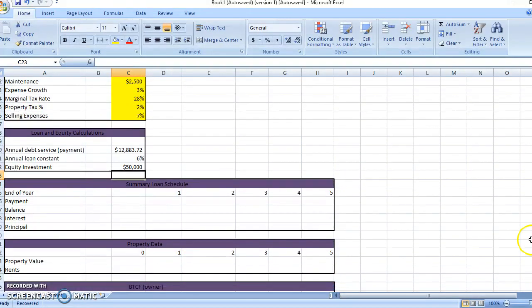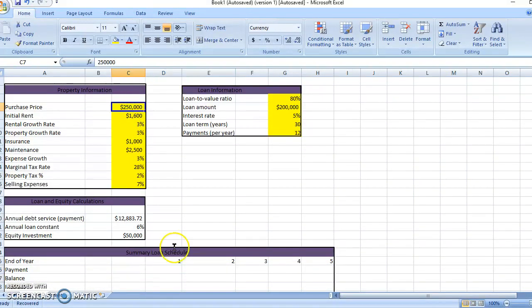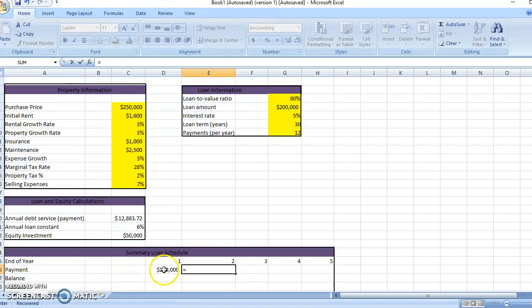Then we want to go down to summary loan schedule and start off with payment, and we basically just grab the original purchase price. It's $250,000. Oh wait, sorry.